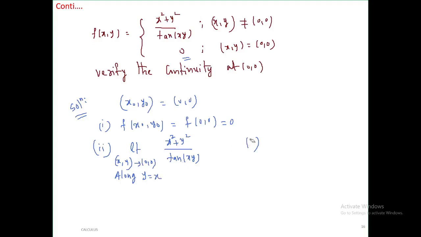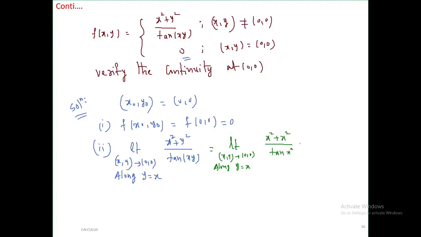So this is equal to the limit as (x, y) reaches the origin (0, 0) along y equals x. Then substitute: x square plus again x square, divided by tan x square.